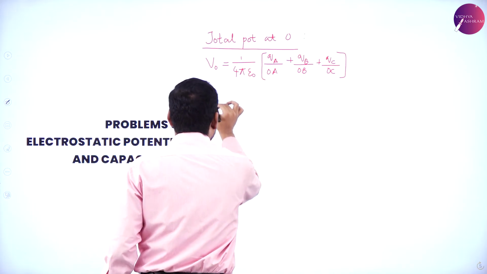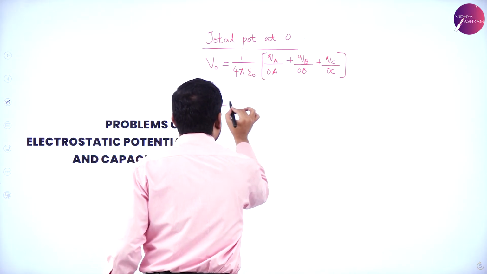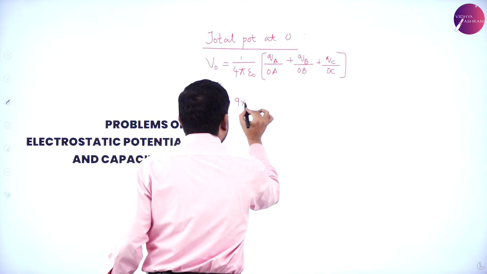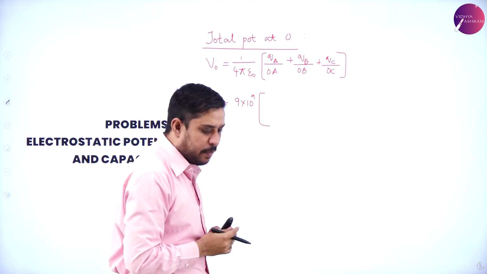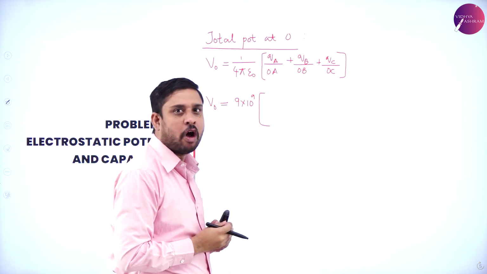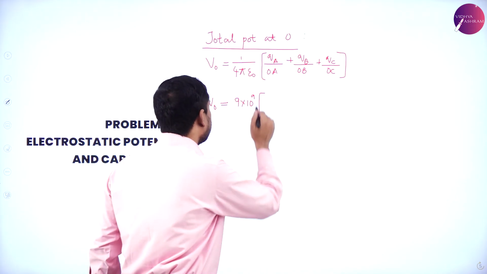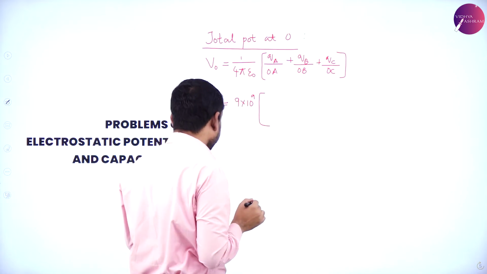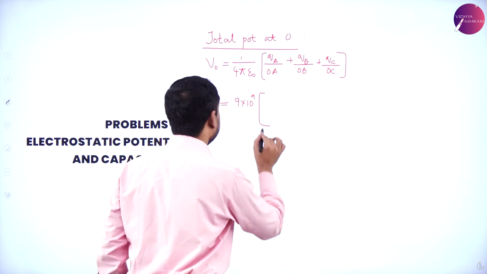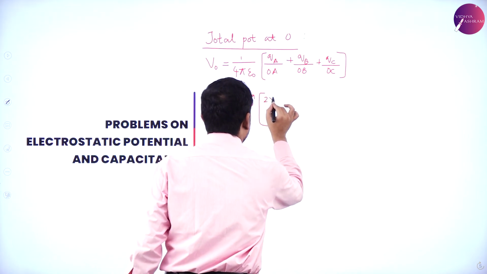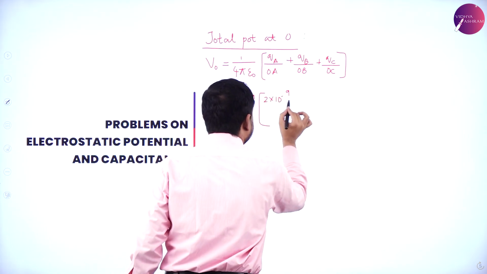So V naught is 9 into 10 power 9, because 1 by 4 pi epsilon naught. QA is 2 nanocoulomb, so 2 into 10 power minus 9.